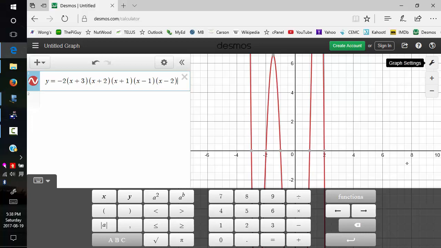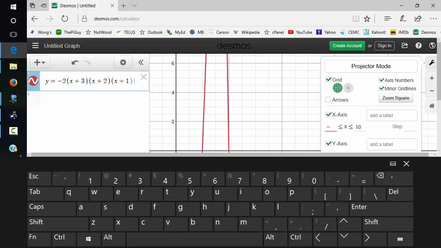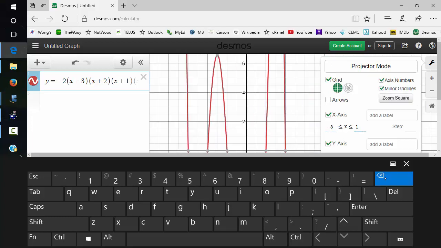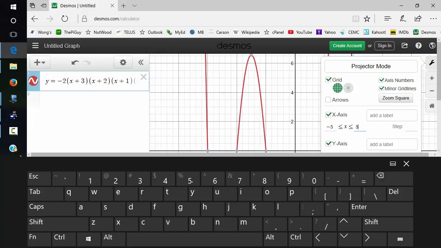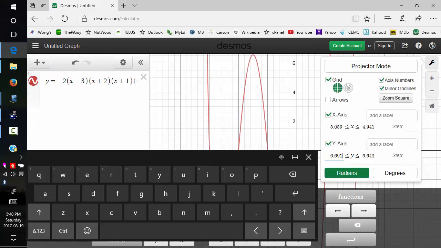and we have to go to settings. So we can make this smaller, and what we'd like to do is make this bigger.